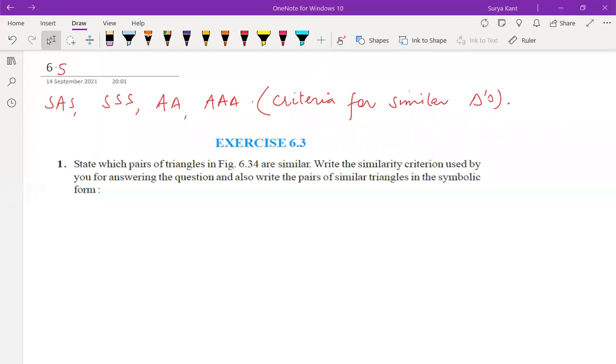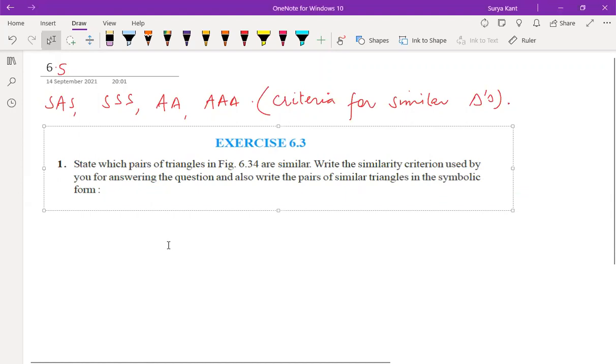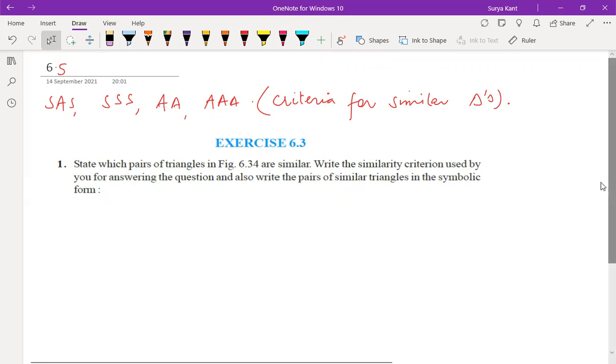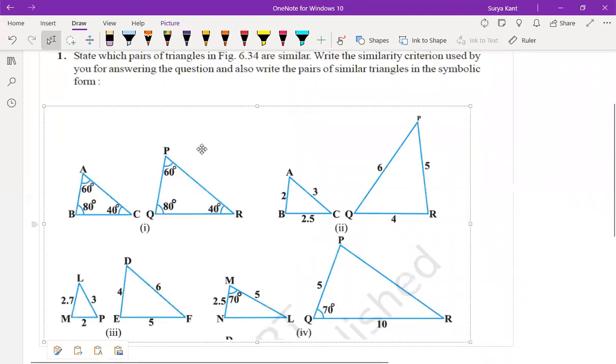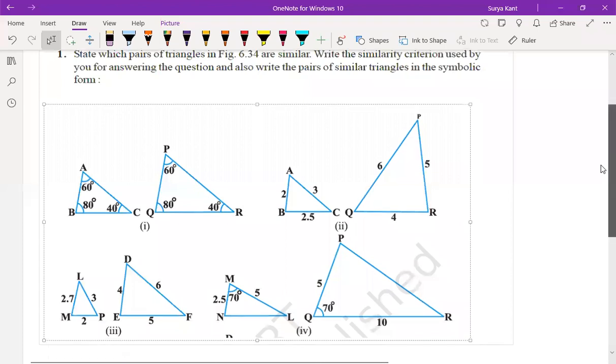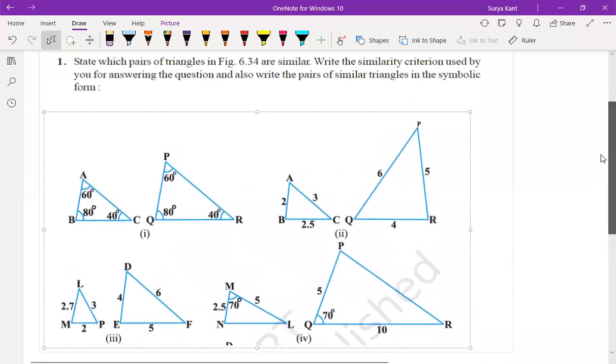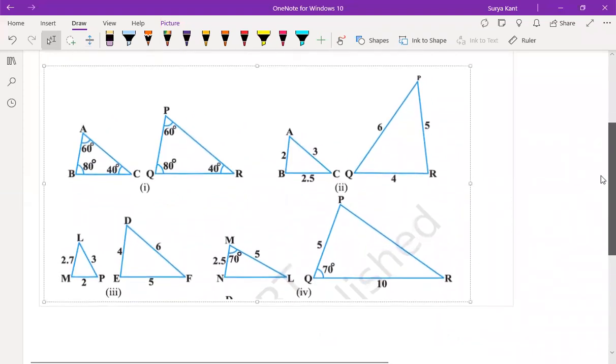These all are the figures. See, which of the following pairs are similar triangles? See questions 1, 2, 3, and 4.